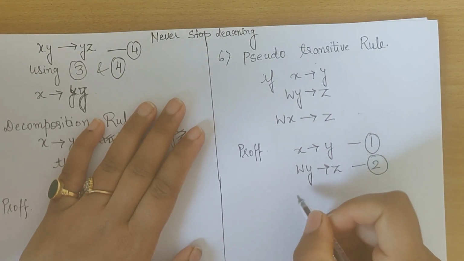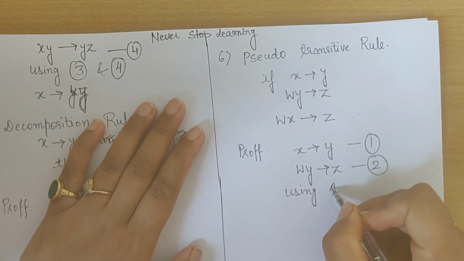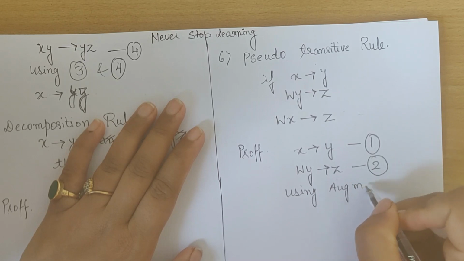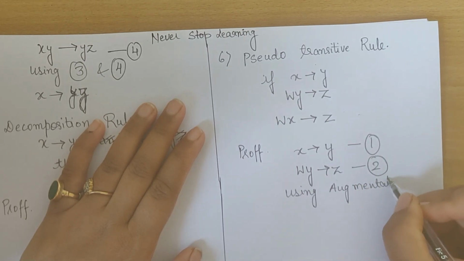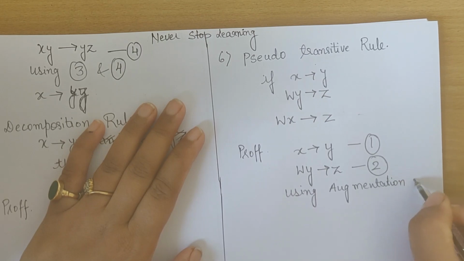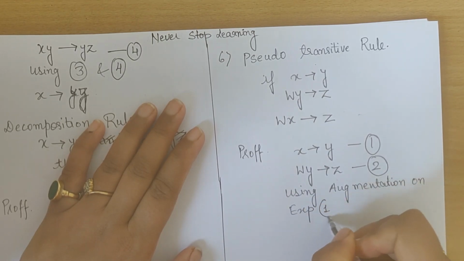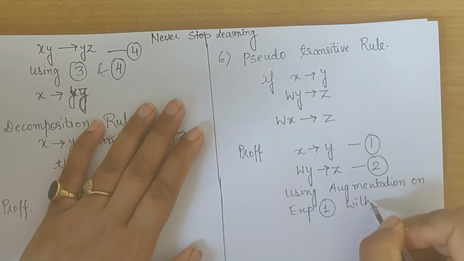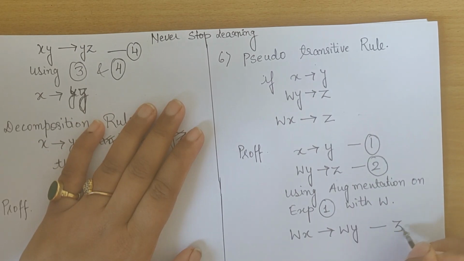So what will I get using augmentation on expression 1 with W? WX determines WY. This is my third expression.